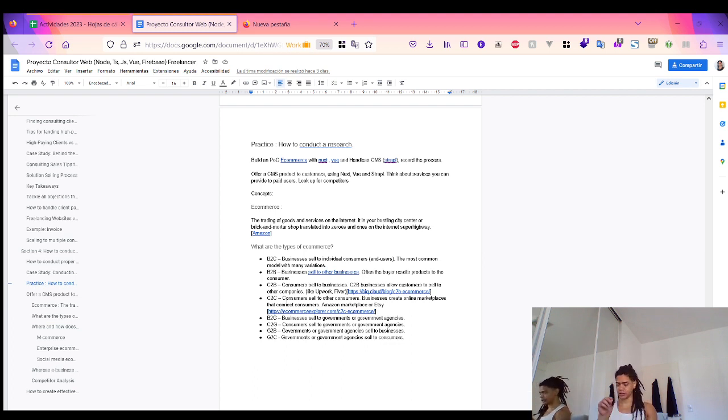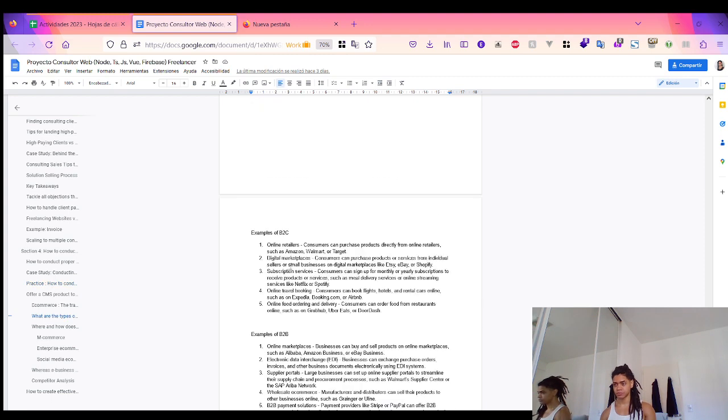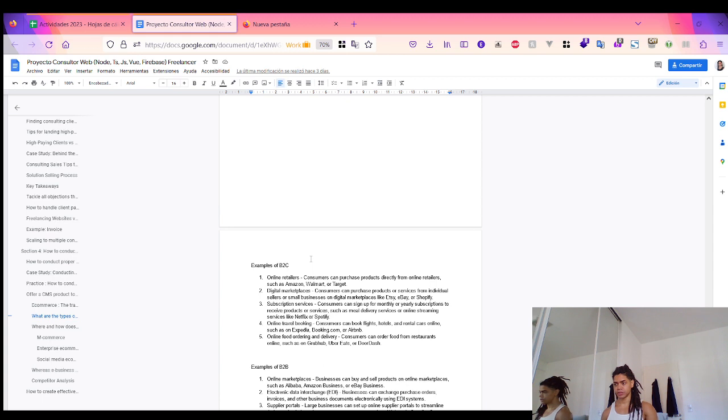Subscription services: consumers can sign up for a monthly or yearly service, such as meal delivery service or online streaming, such as Netflix or Spotify.